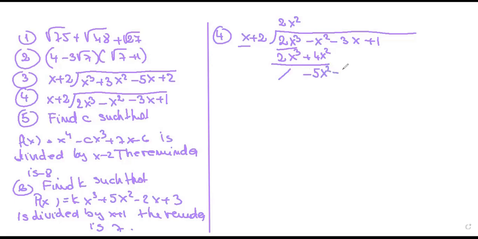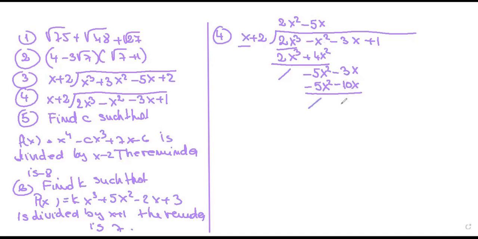Okay, I'll try to continue from here. And then you drop down the minus 3x. So minus 5x squared divided by x is minus 5x. And then minus 5x times x is minus 5x squared. And then minus 5x times 2 is minus 10x. The minus 5x squared cancel out.